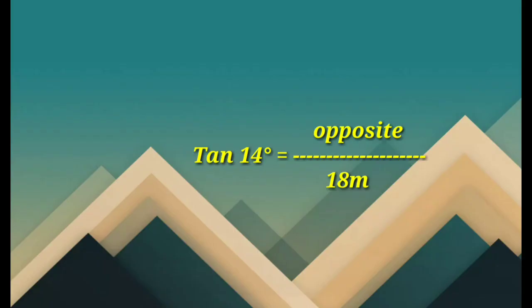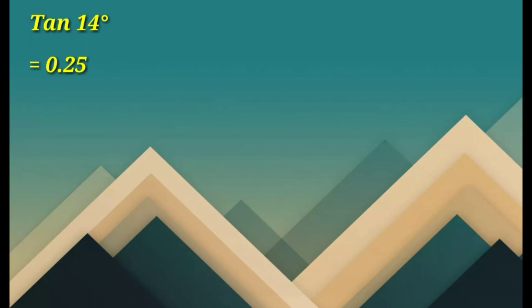So, tangent 14 degrees is equal to opposite over 18. Now, same as the example, we are going to find the value first of tangent 14 degrees. And the value of tangent 14 degrees is equal to 0.25.